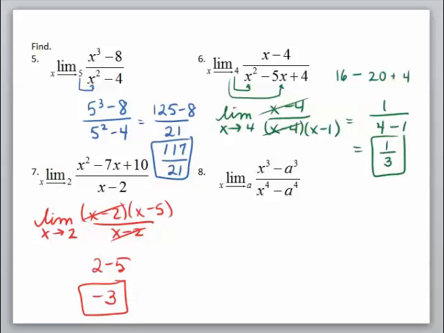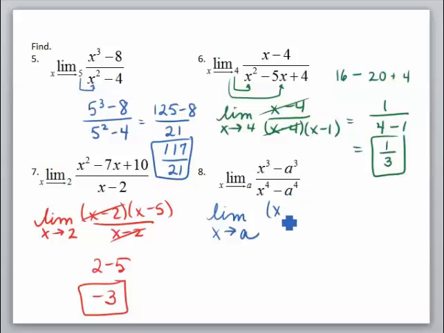Last problem on this slide, I have a difference of cubes. If you haven't remembered how to factor a difference of cubes lately, this might be something that you need to address during classes, how to factor a difference of cubes and a sum of cubes. You should know how to do that.